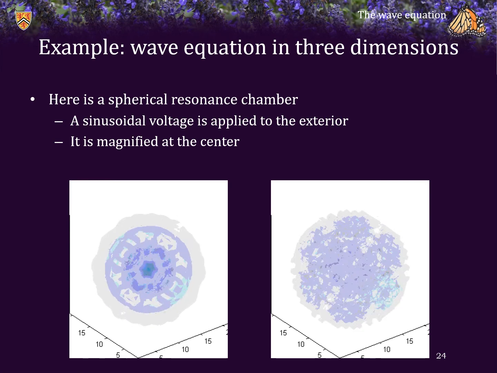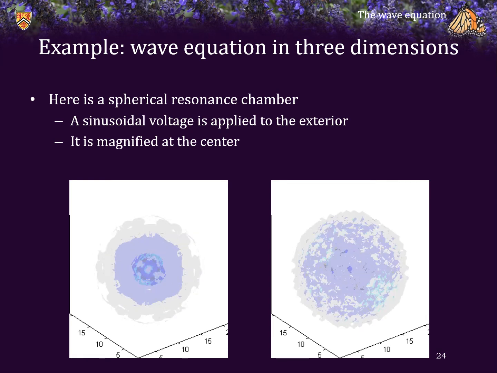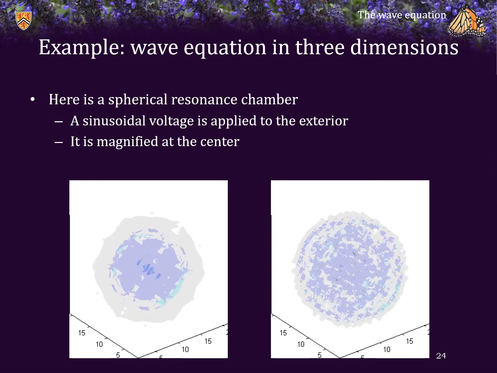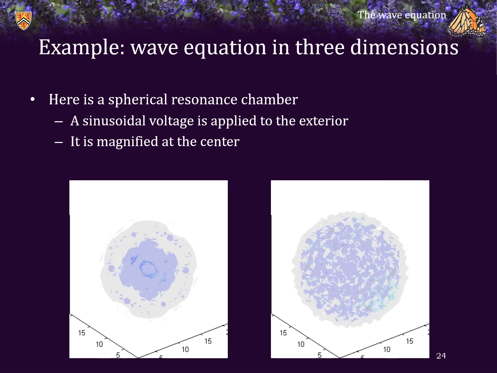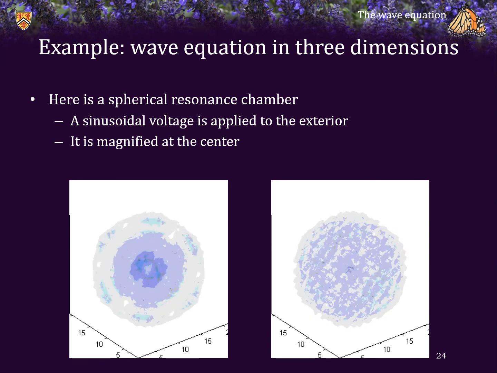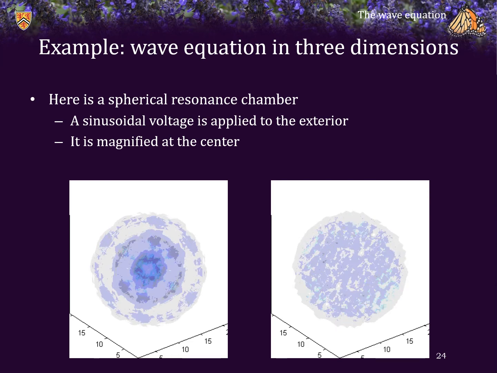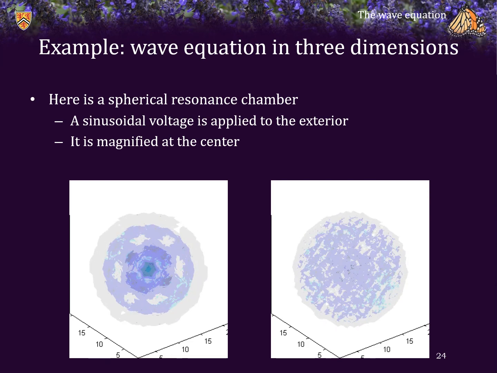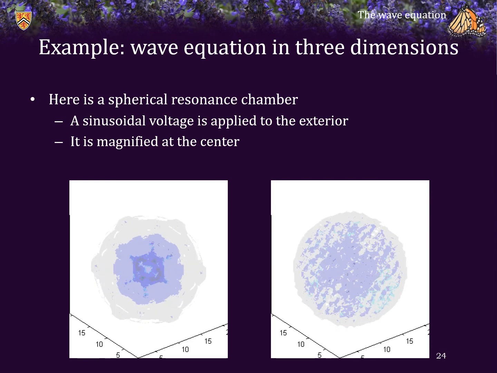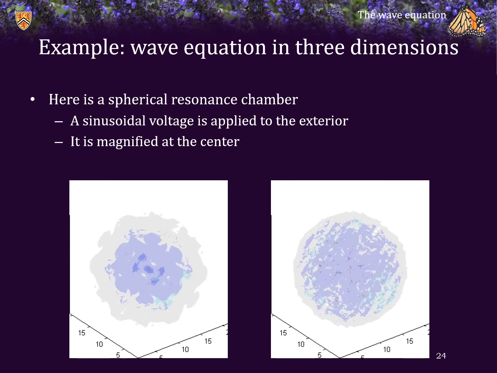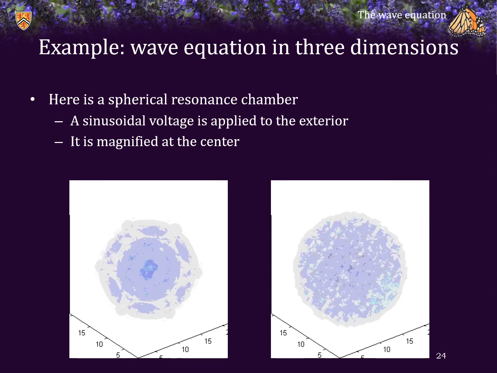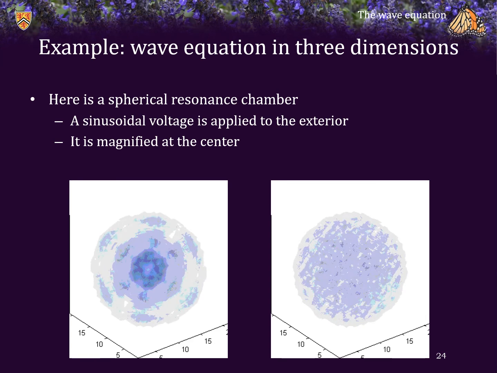And if the frequency is correctly matched with the diameter of the sphere, you get a huge magnification of that signal at the center. So if you take a look at the left-hand side, or left-hand image, you will see that there is a bright green, light blue area in the middle.